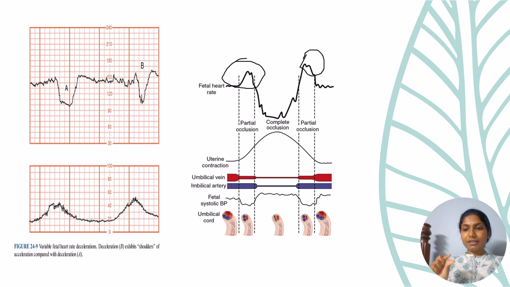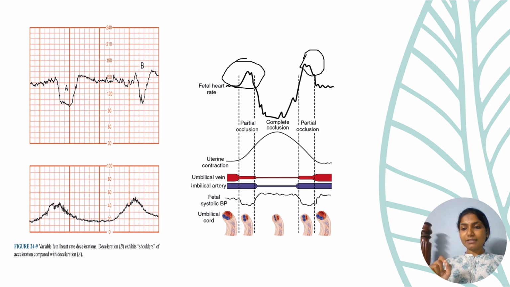So this will cause a typical or uncomplicated variable deceleration, which is seen in the initial stages of cord compression. But when there is persistent cord compression, or if the fetus is going into hypoxia, then this shouldering will be absent, and the variability in the decelerations also will be less. These are called complicated variable decelerations or atypical variable decelerations.